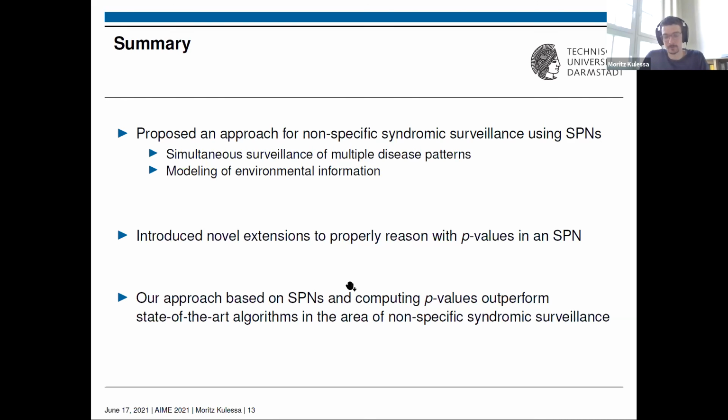Therefore, we propose a novel approach to reason with p-values in SPNs in order to detect anomalies. And in our experimental evaluation, we could show that our approach, which is based on computing p-values in SPNs, could improve over state-of-the-art algorithms in the area of non-specific syndromic surveillance.